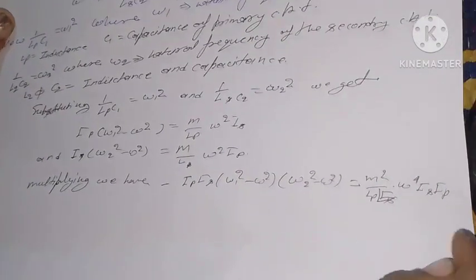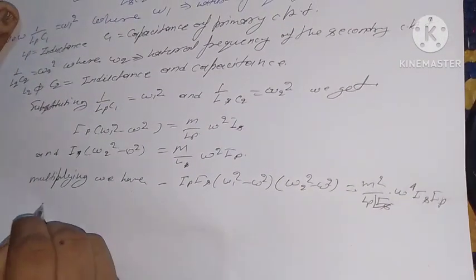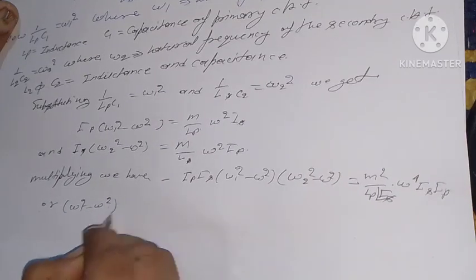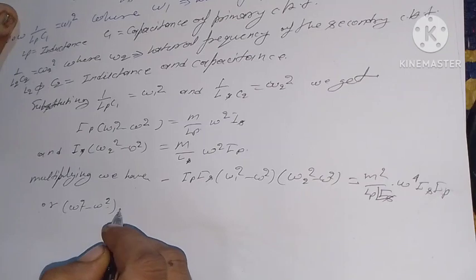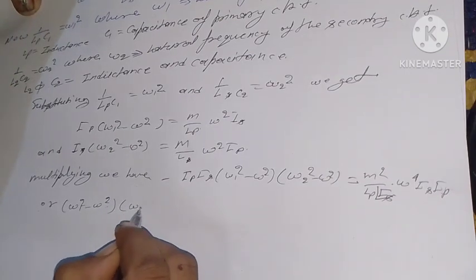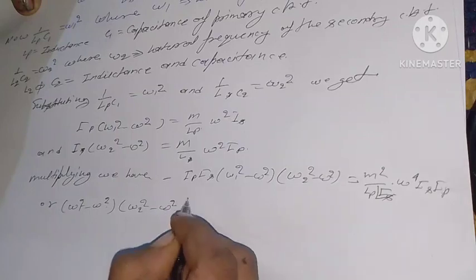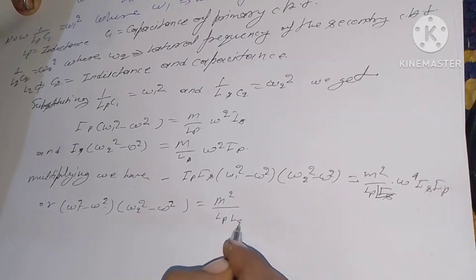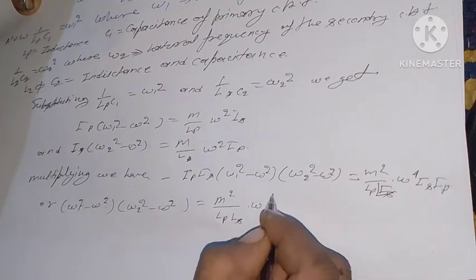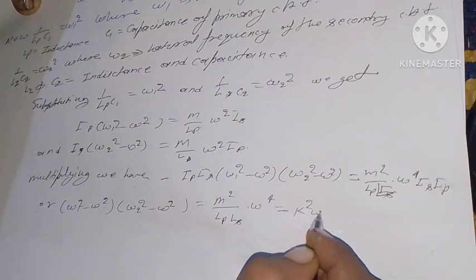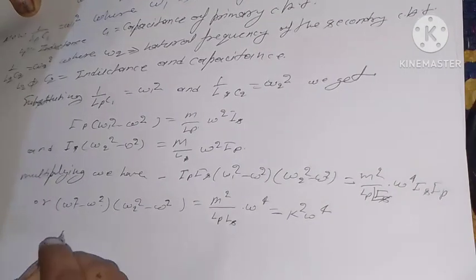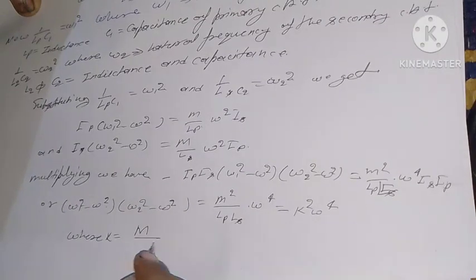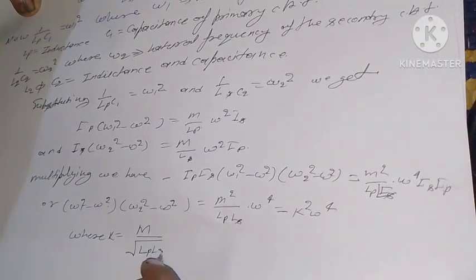Or (W1 square minus W2 square)(W1 square minus W square)(W2 square minus W square) equal to M square upon LP LS W to the power 4 equal to K square W to the power 4, where K equal to capital M upon under root of LP LS.